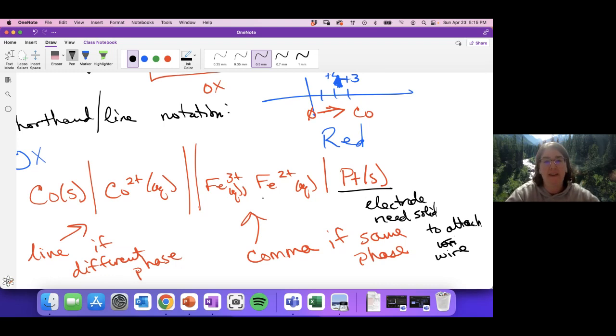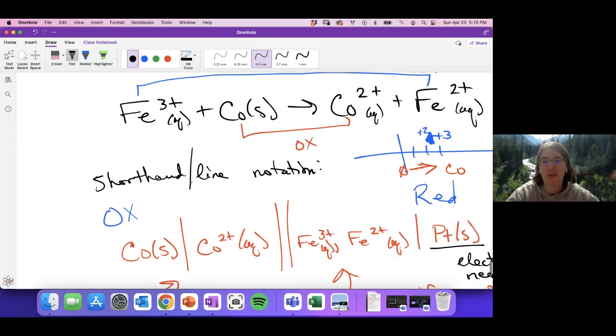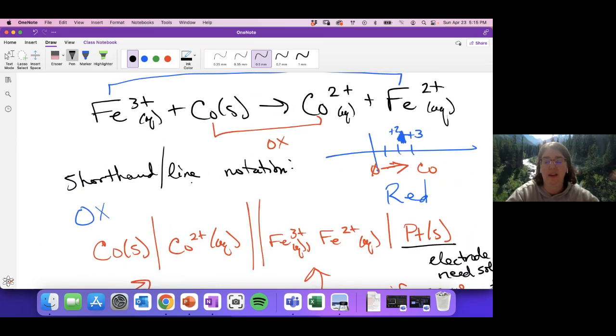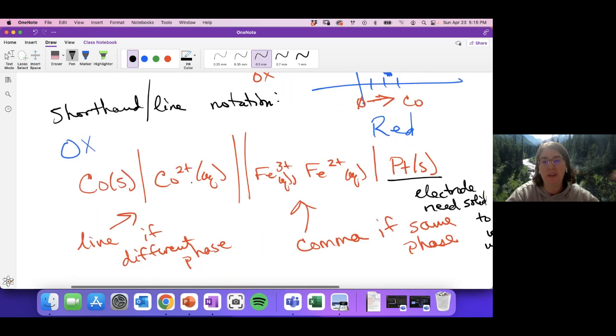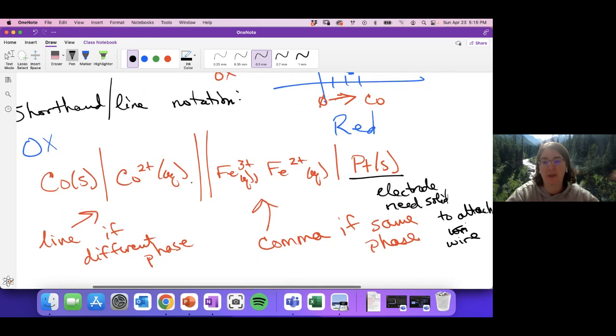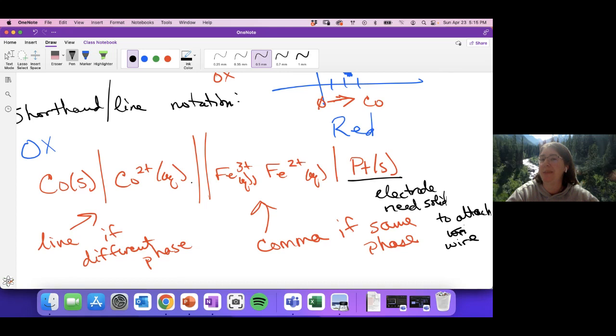But if you're just given a redox reaction and then it tells you to write the line notation for it, you don't need to calculate anything. So I realize that there's a lot more conceptual stuff we could do, but there's at least an example of a calculation question and a line or shorthand notation question on there.